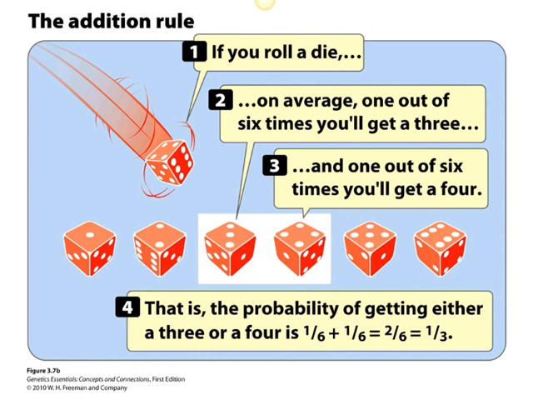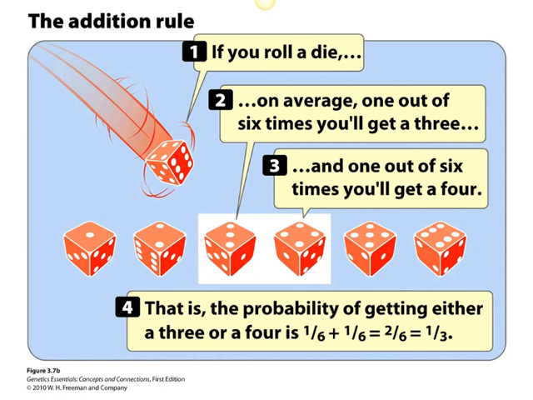But you can't get both. So the probability of getting a 3 or a 4 is simply adding together the probability of getting a 3, 1 out of 6, plus the probability of getting a 4, 1 out of 6. And that reduces to 1/3.